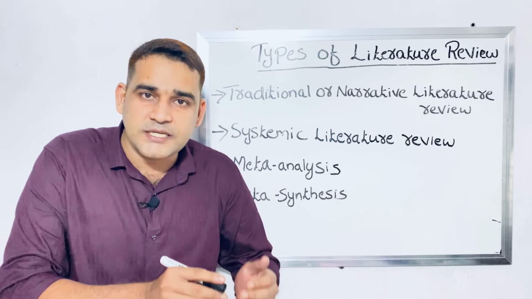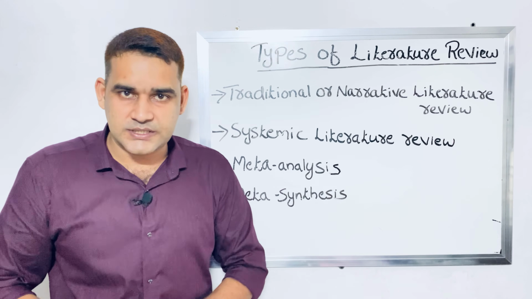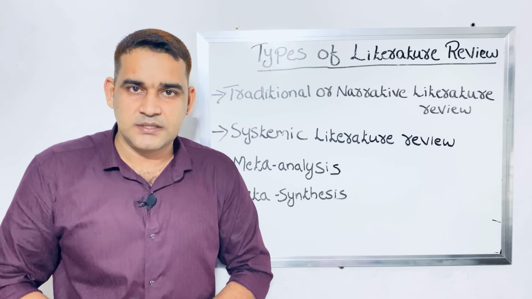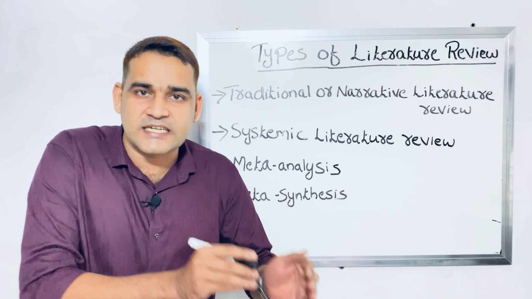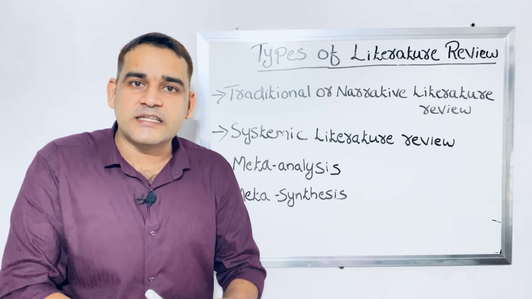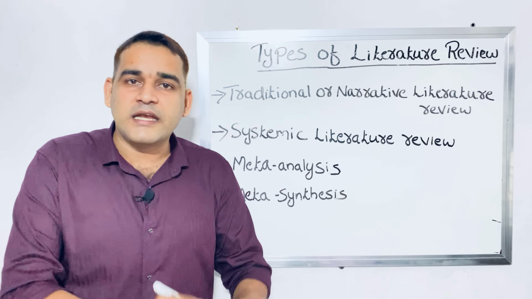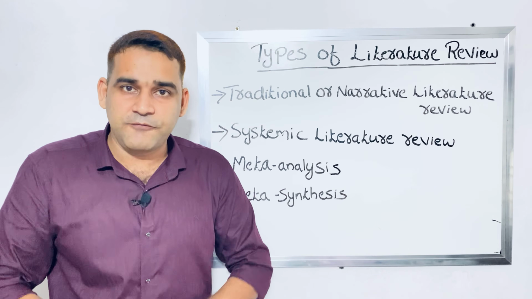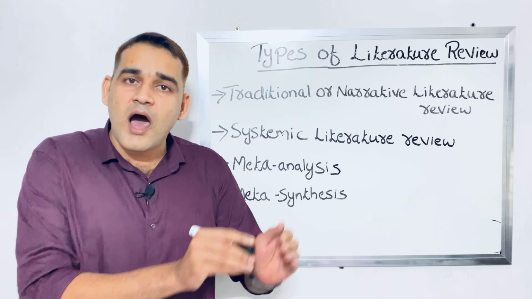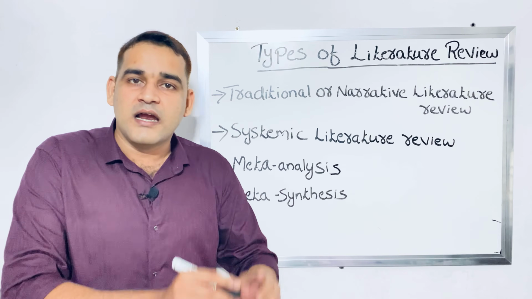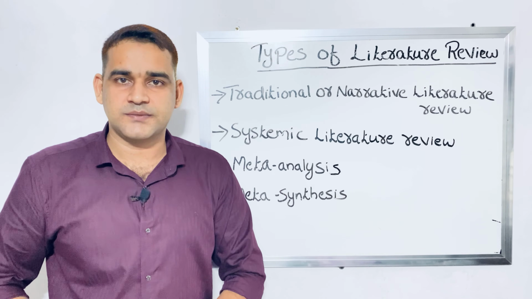So what is a primary source and what is a secondary source? Primary source means the person who is conducting the research is himself writing the research report or the dissertation. If you are conducting a research and you are writing the research report or dissertation, that is a primary source.